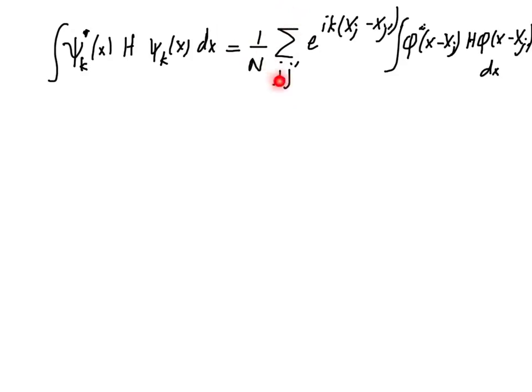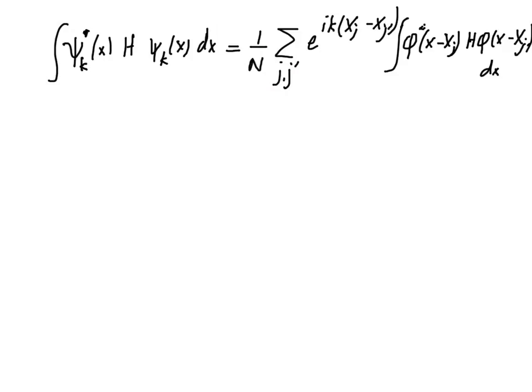And this is actually a double summation. In order to save space, I just wrote it down as a single summation, but I have two indices there, j and j prime, indicating that it is actually a double summation. And j and j prime are integers that can go from 1 to n.